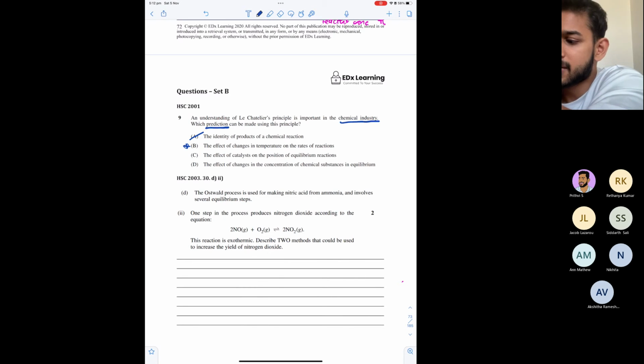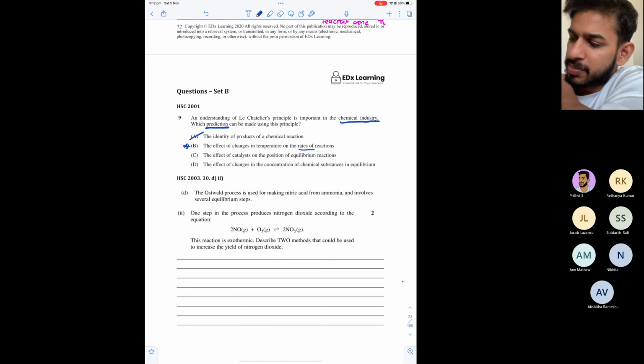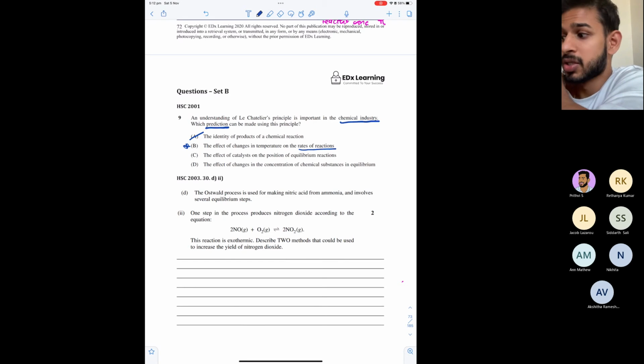Question 9, B is a bit iffy, because what prediction can be made with LCP? The effect of changes in temperature and the rates of reaction? Okay, kind of, but it doesn't necessarily explain it, but it will tell you the direction the equilibrium shifts. It tells you about direction of equilibrium shifts, and it tells you about concentration as well. Good, what about C?